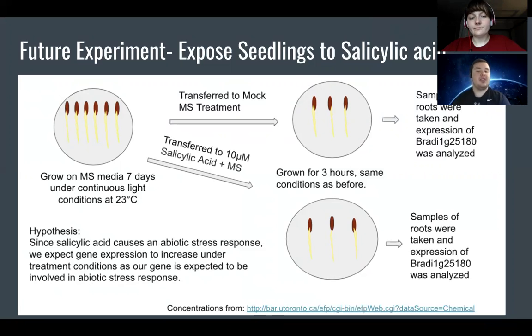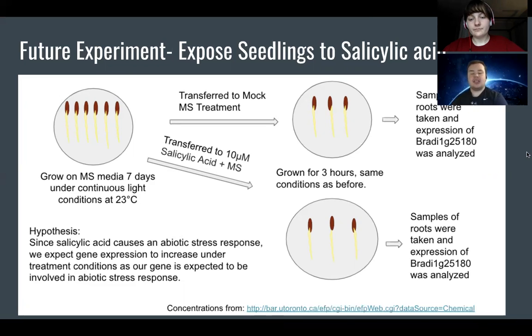Then we would transfer them to 2 different petri dishes. One petri dish would have a mock treatment, which is just normal MS, the same thing that it started on. The next treatment would be MS media with a 10 micromolar salicylic acid treatment. It's important to do this so the plants would have the stimulation of a touch, so it's not a lingering variable in the experiment.